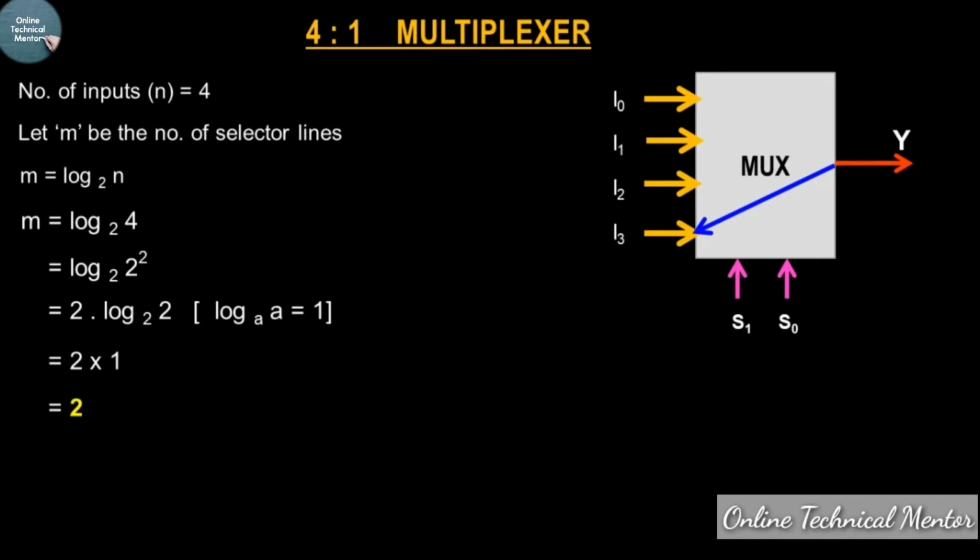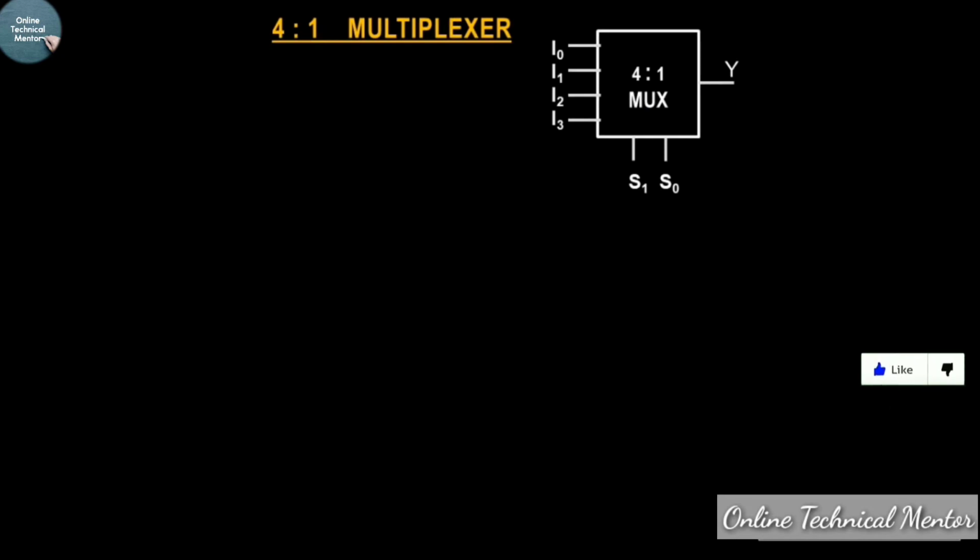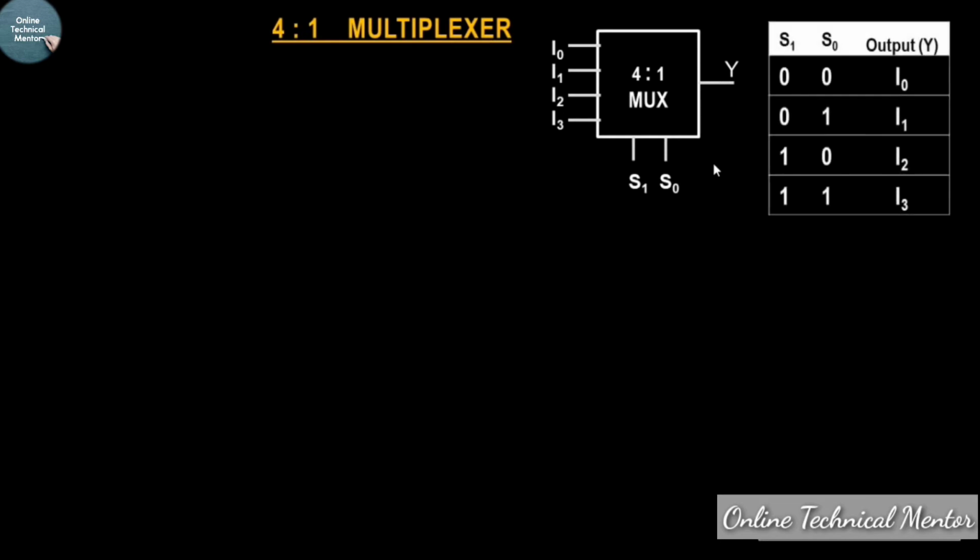Now let's draw the truth table first. So this is my 4:1 MUX. It has 4 inputs, 1 output and 2 selector lines. So the truth table will look like this. The truth table has 2 selector lines S0 and S1 and it has an output Y. When S1 and S0 are both 0, the data at I0 will pass through to Y. That means I0 will pass through Y. That's why I have written I0 in the output column.